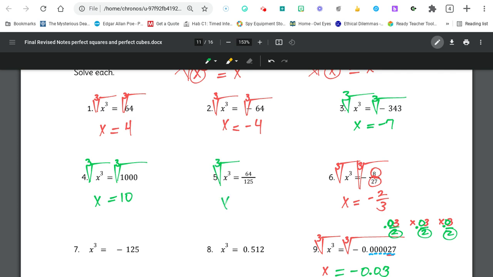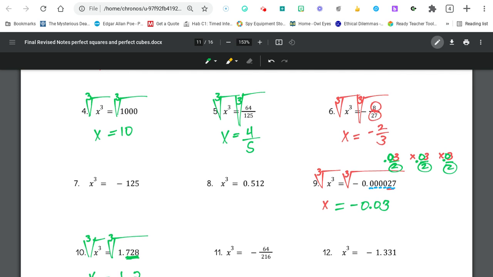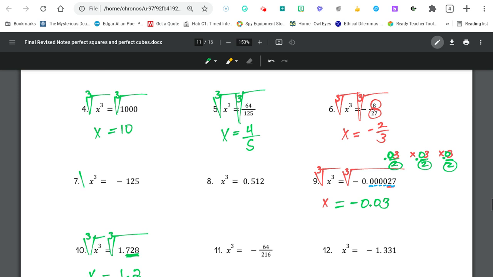Number 5, the cube root of x cubed is x, and the cube root of 64 is 4, and 125 is 5. So the cube root of 64 over 125 is 4/5. Keep in mind, a cube root can only be positive or negative, not both. The cube root of x cubed is x, and the cube root of negative 125 is negative 5.